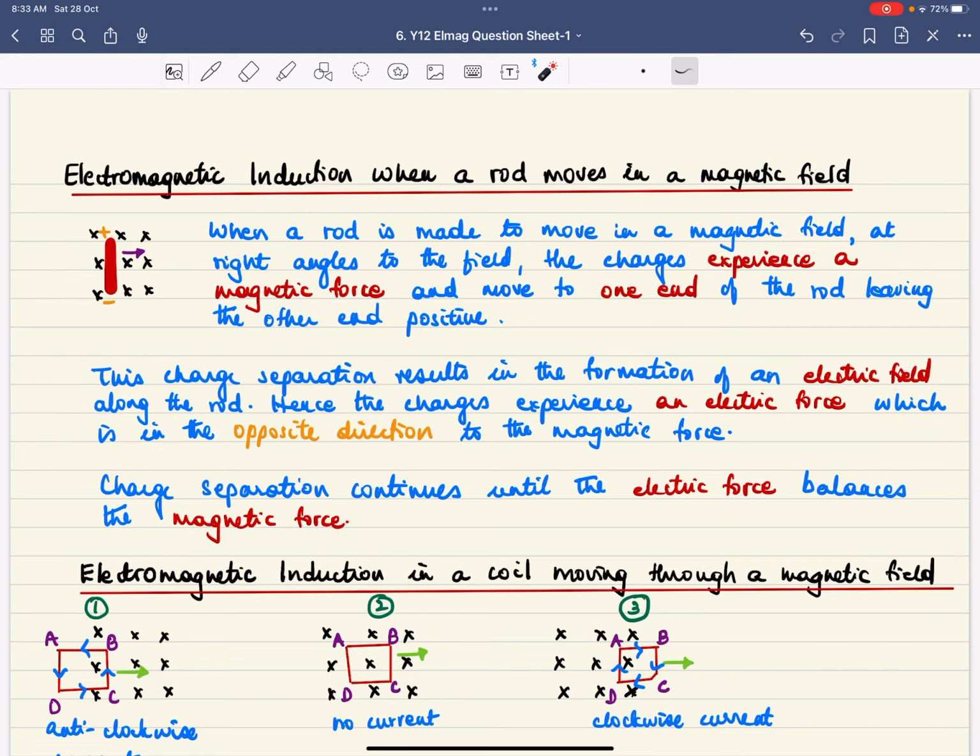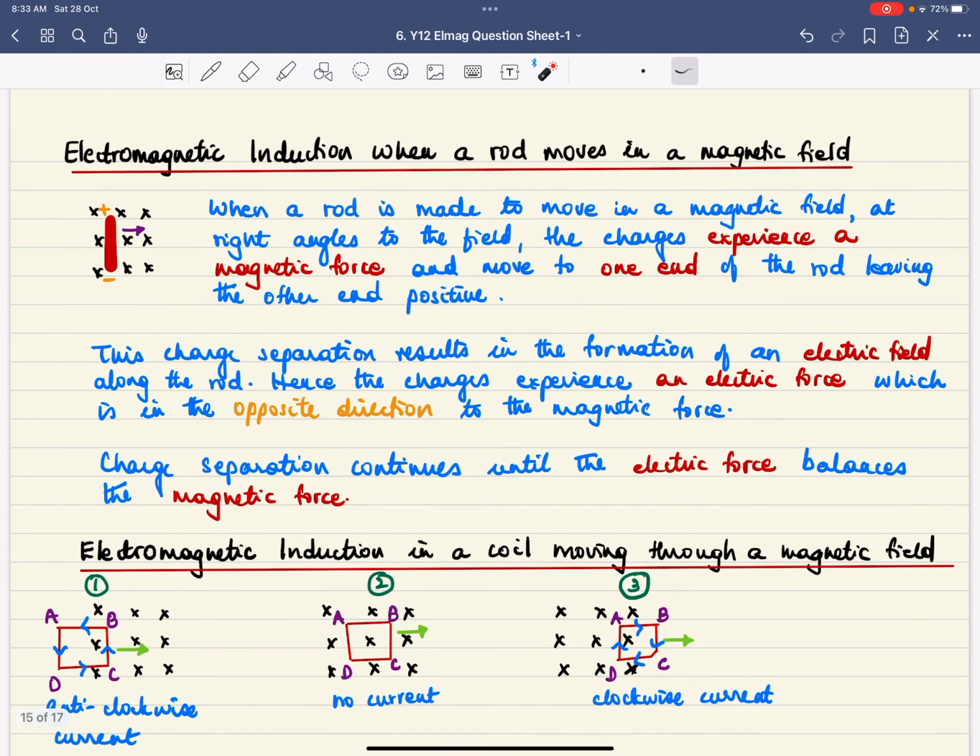So there are actually 2 forces. This charge separation continues until the electric force becomes equal to the magnetic force.